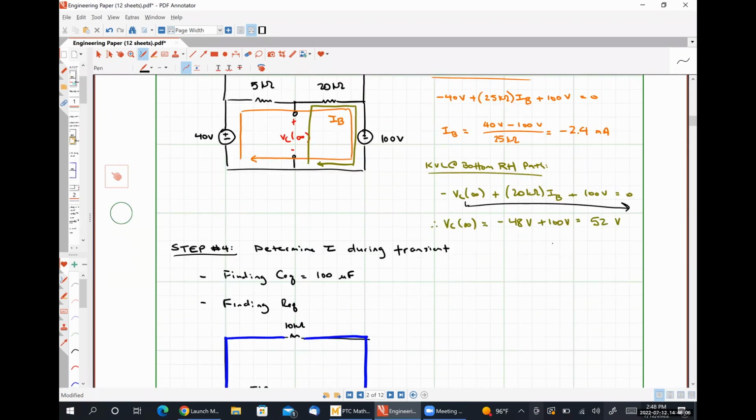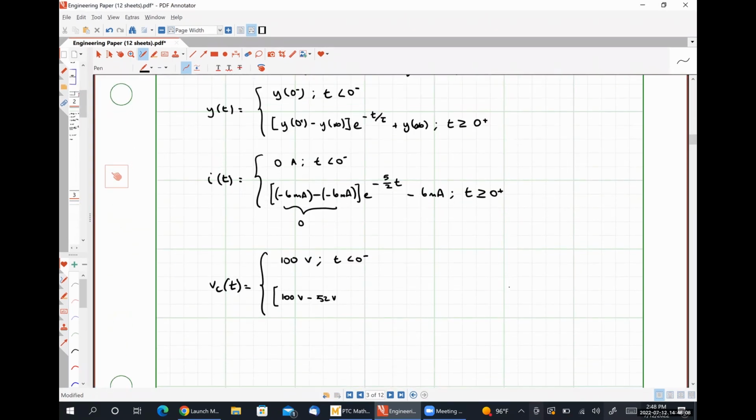Yes. e to the minus 5 halves t plus 52 volts, for t greater than or equal to 0 plus, which we could simply call 48 volts.